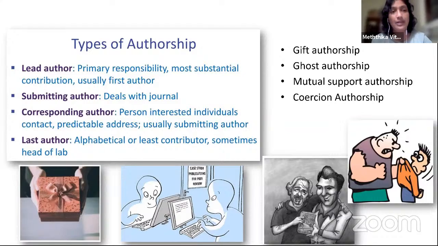Ghost authorship, somebody else would come into the paper, jumped in by the supervisor. Mutual support: you might put your colleague as a co-author because you guys have mutual support. Coercion authorship, you threaten somebody to put yourself into the author list. So these are unethical authorships.